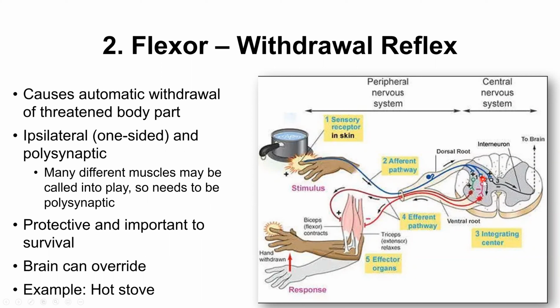Simultaneously, this second synapse that's occurring is synapsing onto an inhibitory interneuron, so this pink interneuron here. And this creates an inhibitory signal which gets sent along a motor axon and synapses on the triceps muscle.